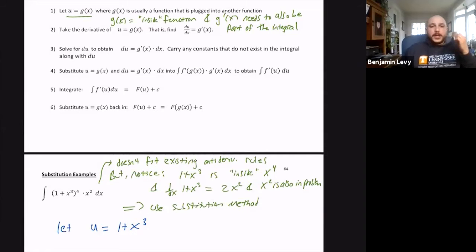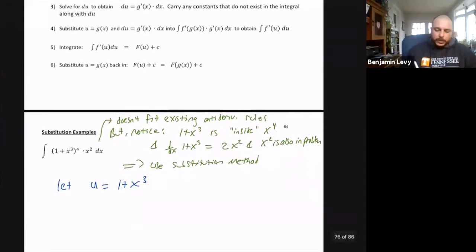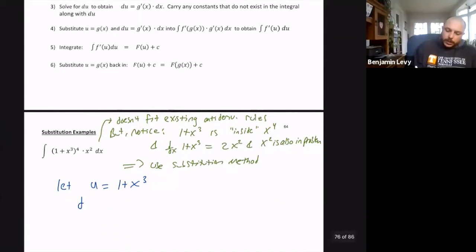Step 2 says take the derivative of that thing. And then step 3 says rewrite it as du equals g prime dx. So let's do steps 2 and 3. We take the derivative of u with respect to x: du/dx is 3x squared. So that's step 2.